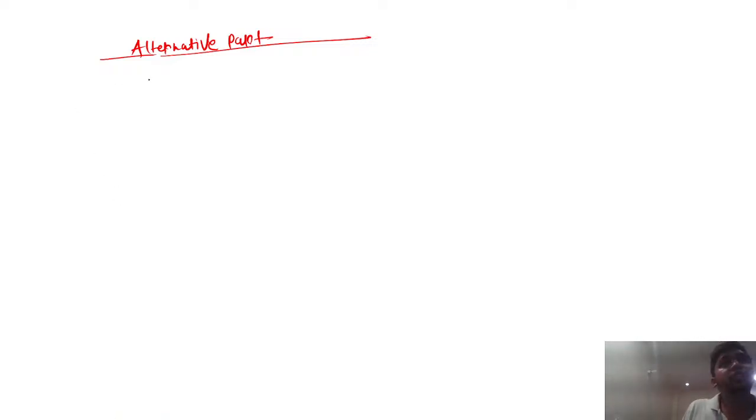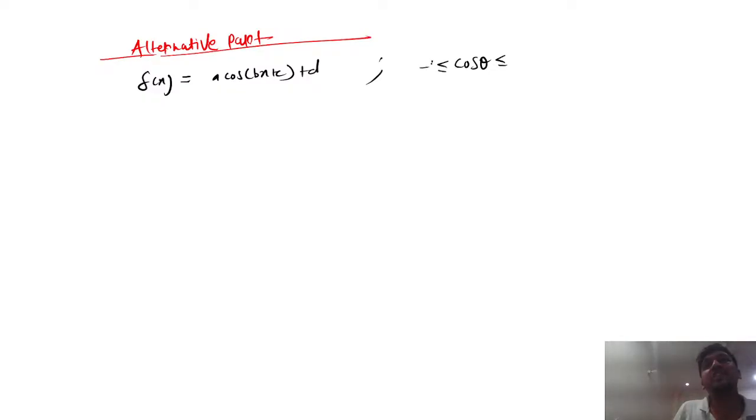So in this question, f(x) is what? a cos(bx + c) plus d. Is it? So we know that the maximum and minimum value of cos theta is what? This lies between minus 1 and 1.